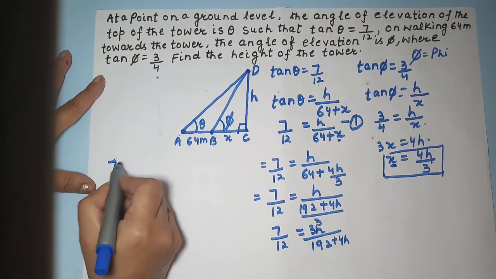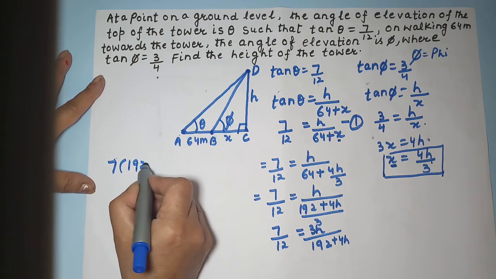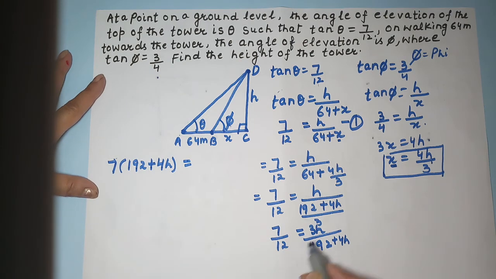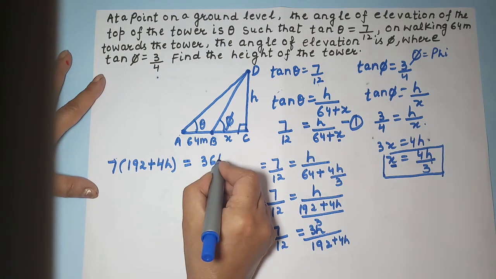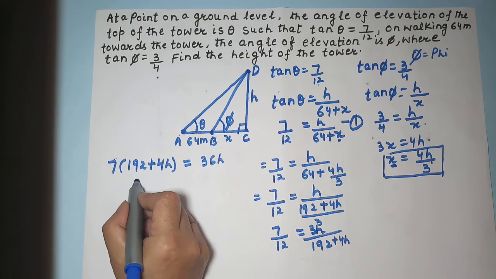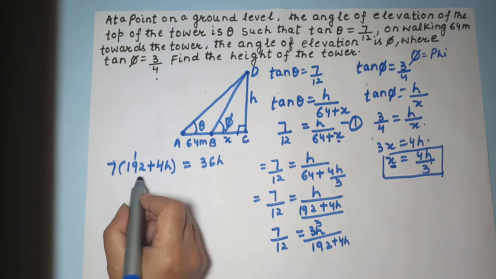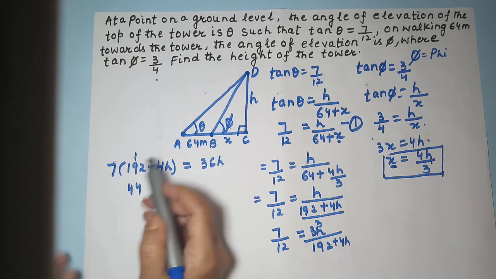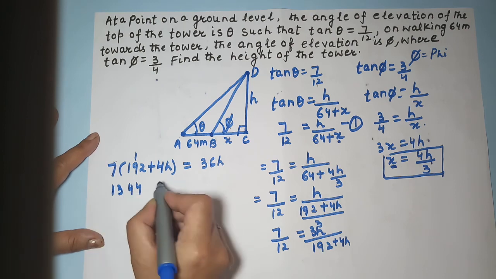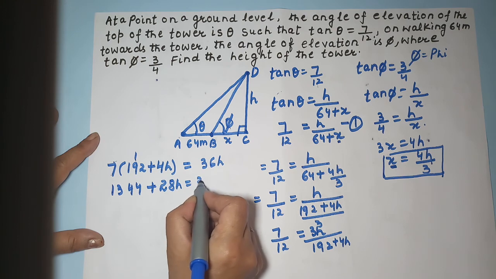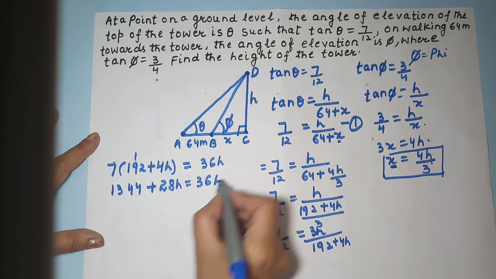Now I will get 7 into 192 plus 4h equal to 12 into 3h, which is 36h. Now I will multiply here. I will get 7 2s are 14, 7 9s are 63, 63 plus 1 is 64, and 6 carry, 7 1s are 7 and 6 is 1344 plus 7 4s are 28h equal to 36h. Now I'll shift this 28h to this side.